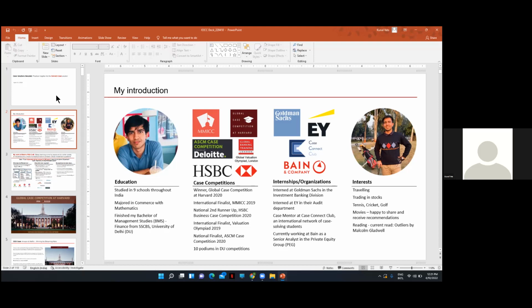Coming to internships and organizations, I've been associated with Goldman Sachs in the past and EY, where I interned in my first year. I'm also part of this chapter called Case Connect Club, which is basically an international network of case solvers who get membership and access to different resources and guidance from people across the world who are in the industry, as well as people who are pursuing higher education.